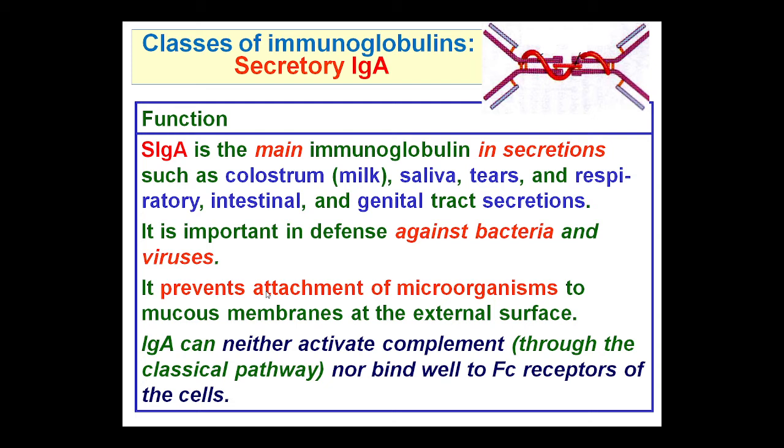Secretory immunoglobulin A prevents attachment of microorganisms to the mucous membranes at the external surface of these membranes. Immunoglobulin A can neither activate complement through the classical pathway nor bind well to Fc receptors of the cells, and cannot pass through the placenta.